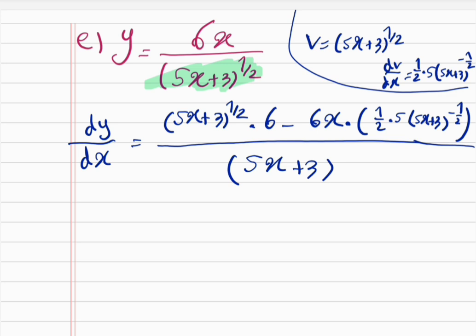This is one of the questions I was on about earlier in this video, because as you can see now, it's very messy. You can of course go ahead and simplify this, but it's not worth the time if you are not asked to do so. It's very normal to get fractions like this, or even worse, in quotient rule questions. So don't be surprised if you see something like this.